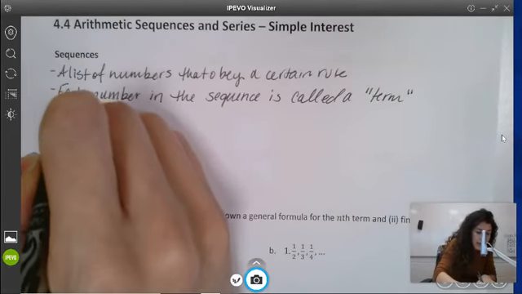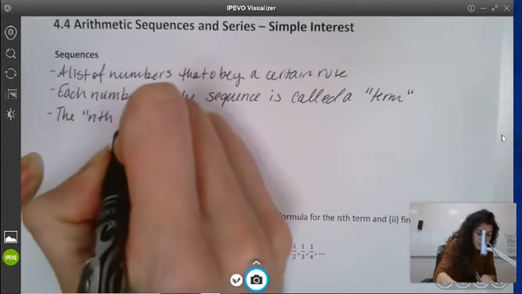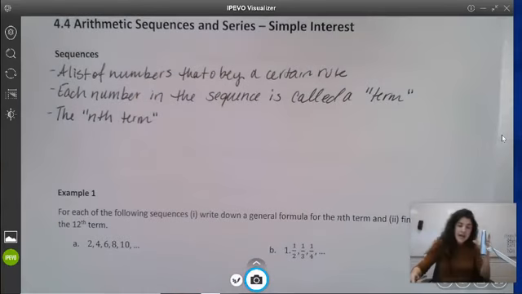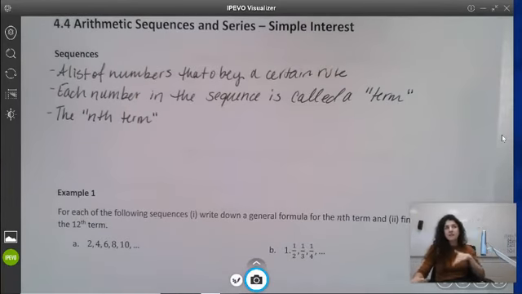When we ask about the nth term, the nth term is a mathematical phrase. If you start paying attention now and ever hear somebody say "to the nth degree," it's a mathematical term that represents the idea of to the very end, to the very, very end of this situation.